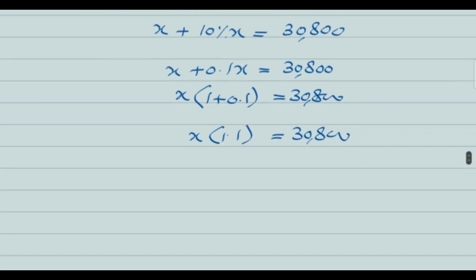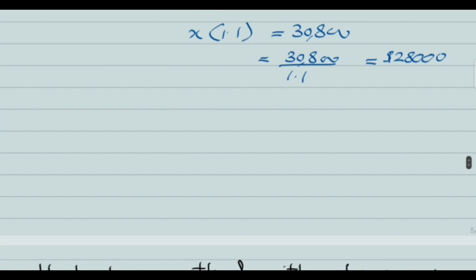So by dividing by 1.1, we can get the fixed cost before such increase, and it will be $28,000. Right? Now we need to consider what is the total cost at 5,000 units.